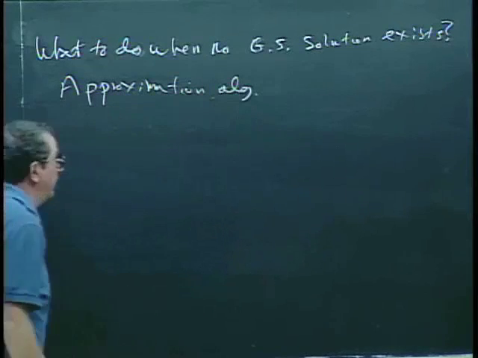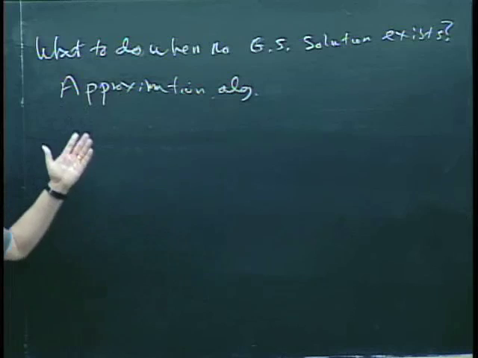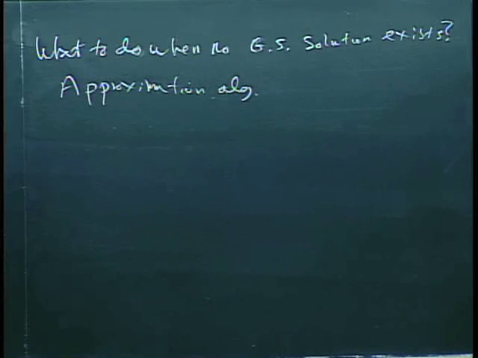Okay, and usually, well, all the approximation algorithms that I know of are about optimizing some value of some function. So these are not questions of whether something exists or not. These are problems where we're trying to minimize something or maximize something. We've seen many problems of that sort. And what we're trying to do with an approximation algorithm is get close to the optimal solution.